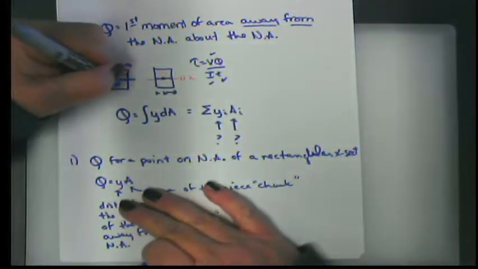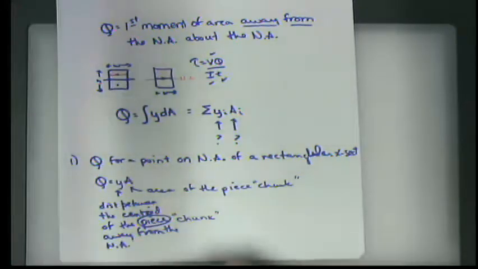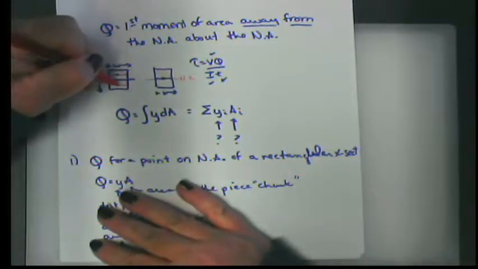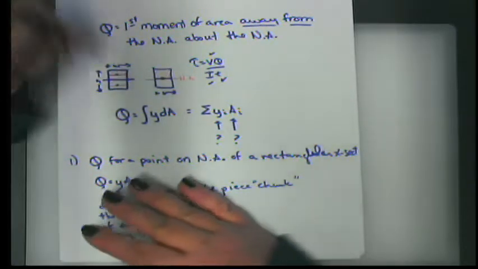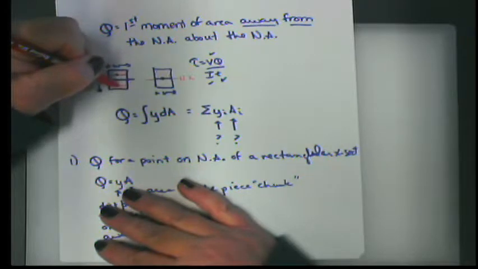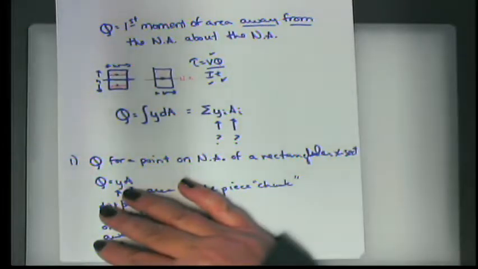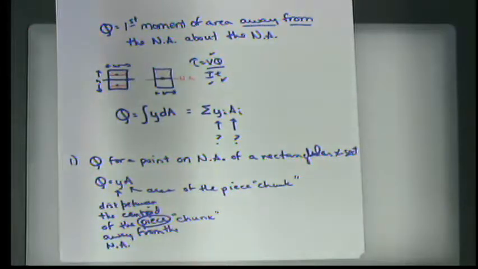If the point were right here, I would draw a line through it, locate the neutral axis, and the chunk would be everything below it. But you see what I mean by away? It doesn't matter if it's above or below, or even side to side, which we'll talk about with I-beams in just a moment, but it's always away from the neutral axis.